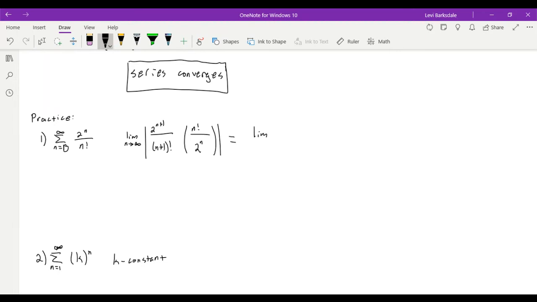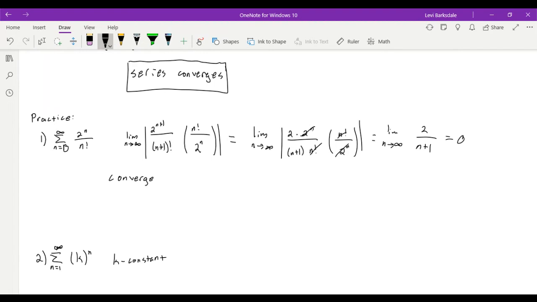Now to simplify this a bit, I can take off one of the 2's, make that 2 times 2 to the n over n plus 1 times n factorial, multiply by n factorial over 2 to the n, simplify wherever I can, and that leaves me with the limit as n approaches infinity of 2 over n plus 1, which is, of course, 0. So this tells us that the series converges because 0 is less than 1.